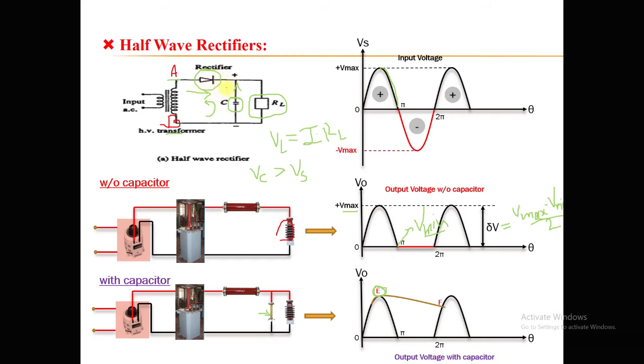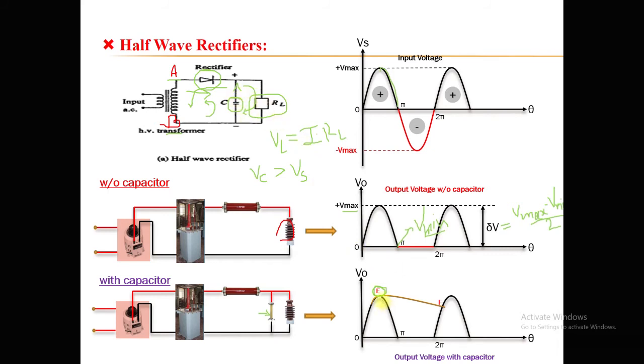So the current in this circuitry is 0, whereas the current in this load circuit is maximum. Now the capacitor is delivering its current to the load side. As the capacitor delivers the current, pushing the electrons, the capacitor will discharge.